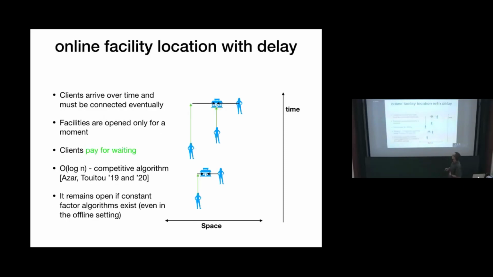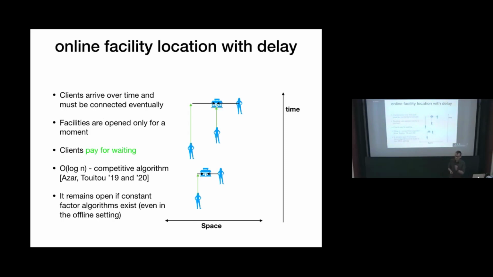Okay, so we will study facility location with delay. We could think of it as facility location with waiting, and again clients come over time. They show up, and we are about to open facilities. But now these facilities don't stay forever.